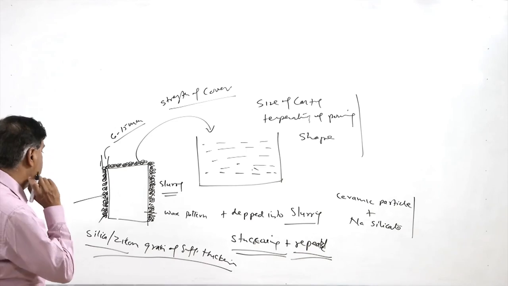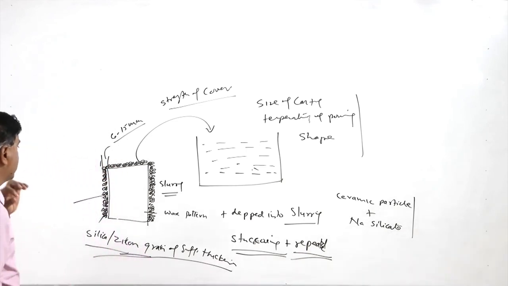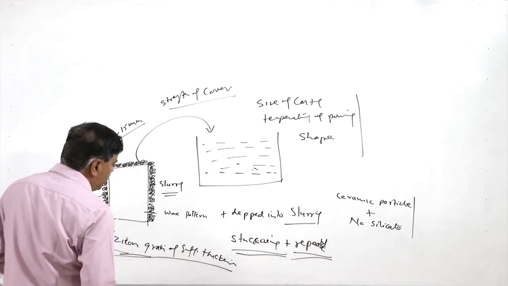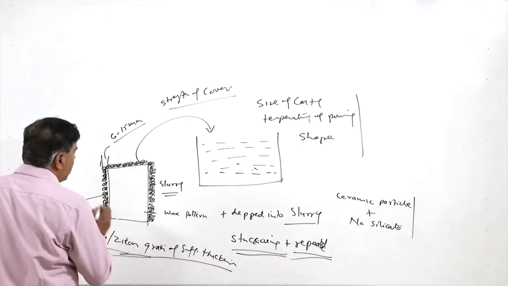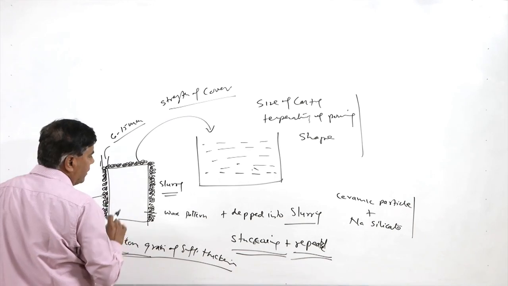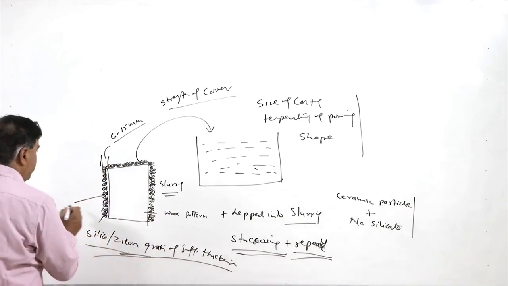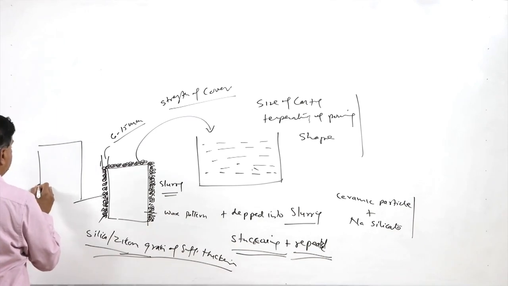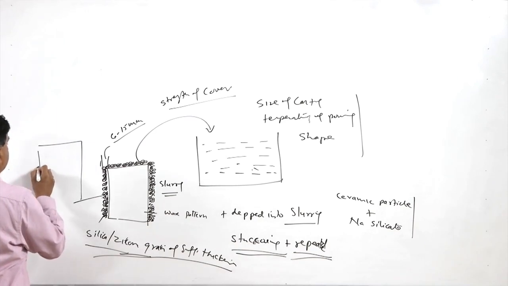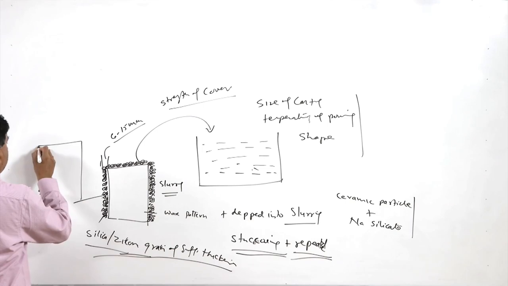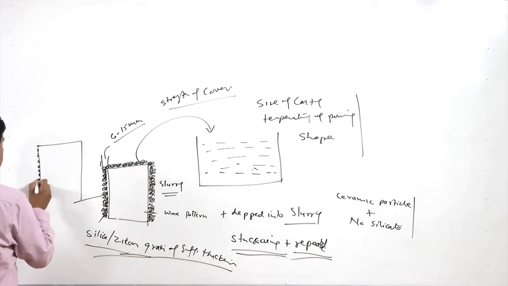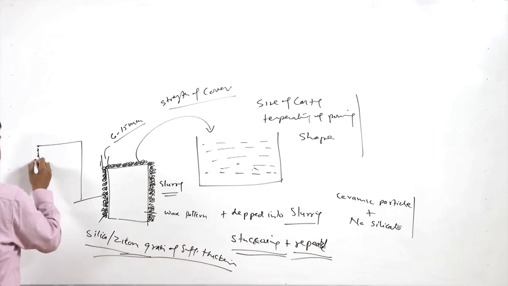There is one more thing. Once sufficient thickness has been applied, we need to take out the wax pattern. But when stuccoing is done repeatedly, initially over the wax pattern, fine silica or zircon sand grains are applied, and then gradually increasing grain sizes are applied.